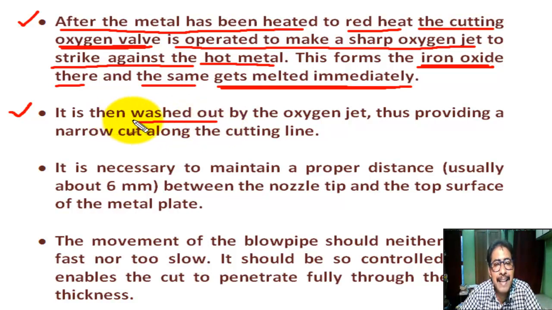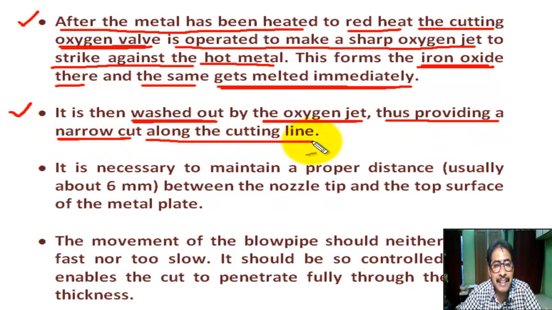It is then washed out by the oxygen jet. Oxygen jet flows through the additional pipe, thus providing a narrow cut along the cutting line.